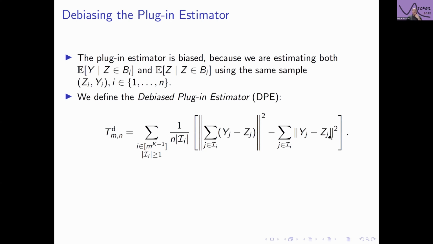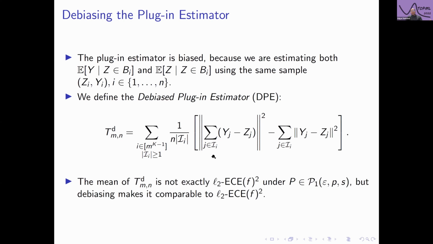Turns out these are variance terms for every individual quantity here, and even though this is still not exactly unbiased for a general L2 ECE, it reduces the bias significantly, and we can show that it leads to an optimal test statistic. So that's the theoretical result that I'm going to show next.